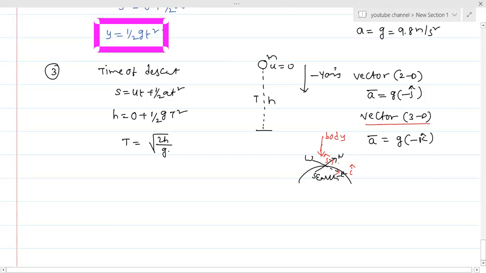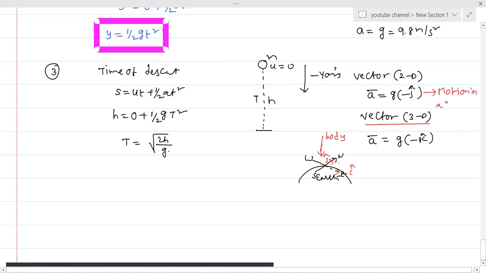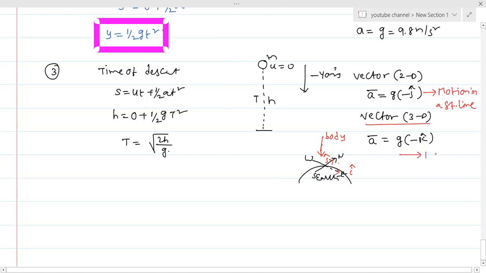So clearly, generally, while you are taking motion in a straight line or in a plane, it is better to take a bar equals g into minus j cap, and in three dimensions minus k cap. So this will be the time of ascent, time of descent, as well as the distance covered.